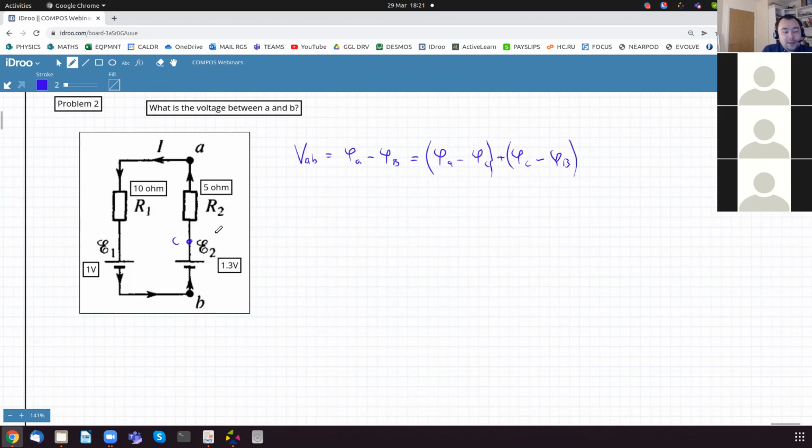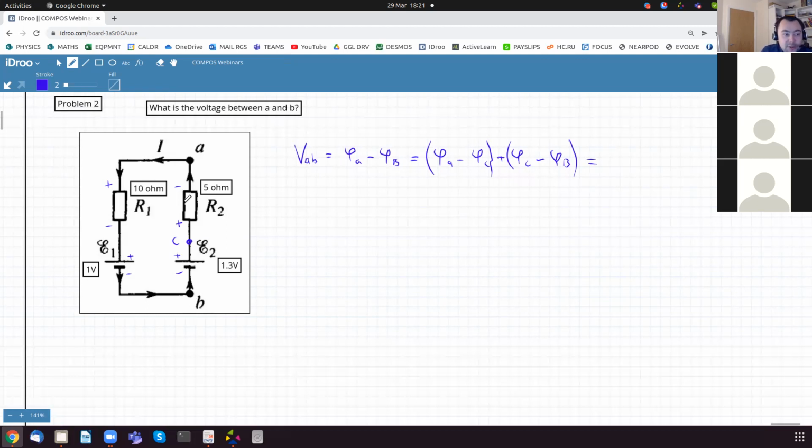And look, the potential at A is smaller than the potential at C because the current is flowing anti-clockwise. If the current is flowing anti-clockwise, we go from plus to minus here, plus to minus here. The battery either increases or decreases the potential.